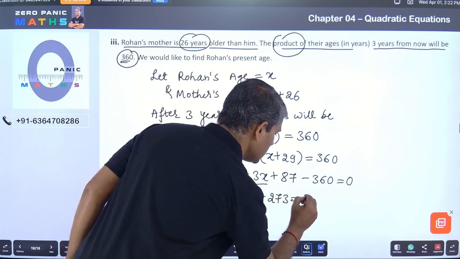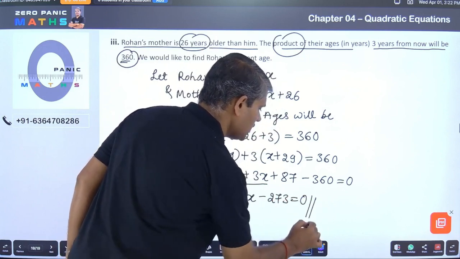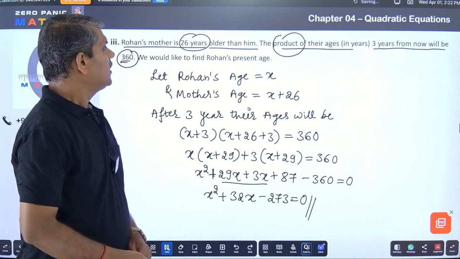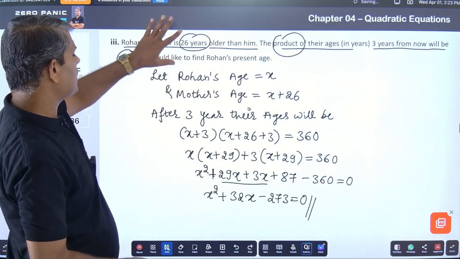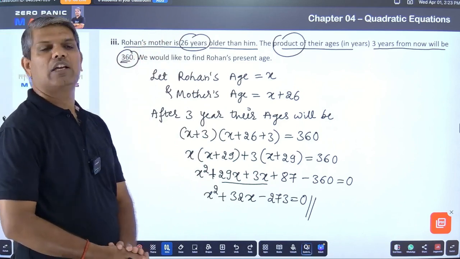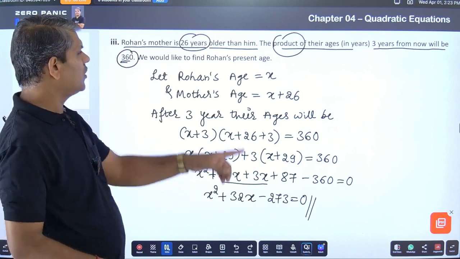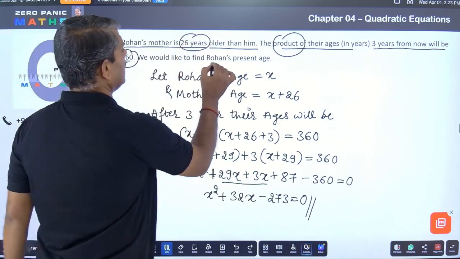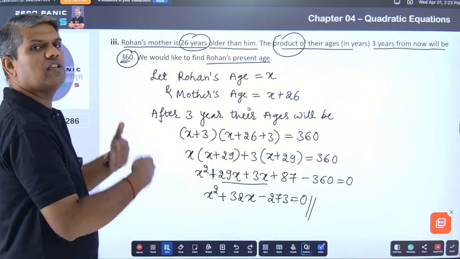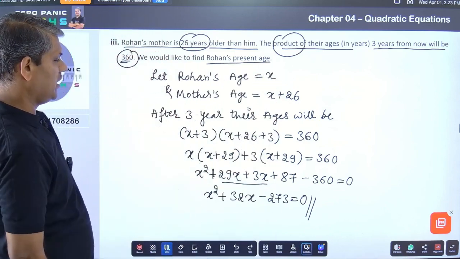So x square plus 32x minus 273 is equal to 0. This is the quadratic equation that represents the given situation. If you solve this, you are going to get Rohan's present age and his mother's present age also.